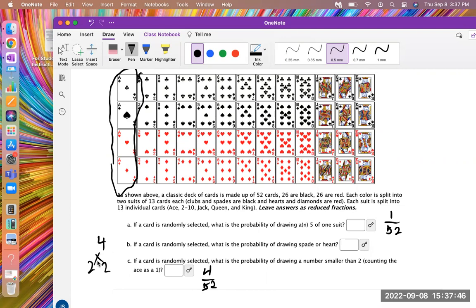So here, I just have to make sure that 2 doesn't go into 52, but it does. So I divide the top and bottom by 2: 4 divided by 2 is 2, and 52 divided by 2 is 26. And here we see that 2 goes into the top and bottom again. So we can say it's 1 over 13.